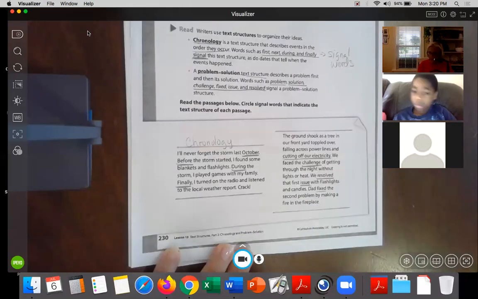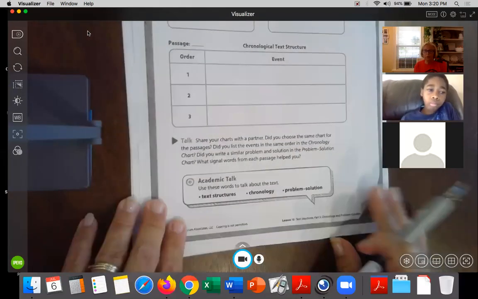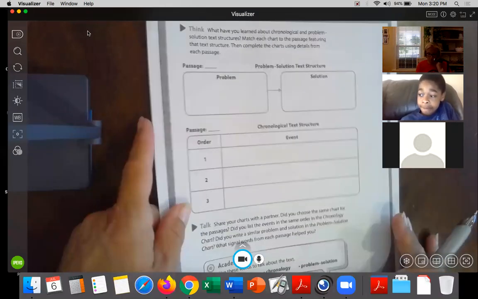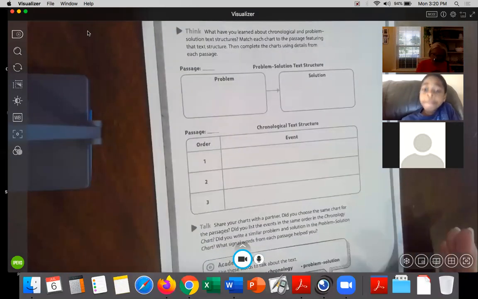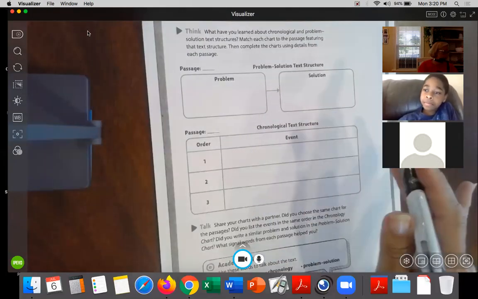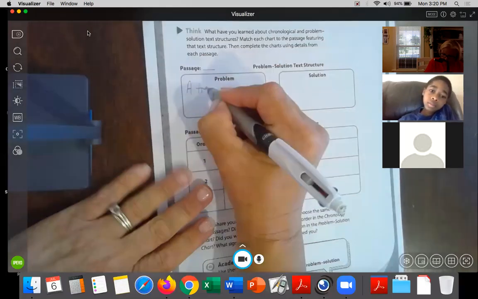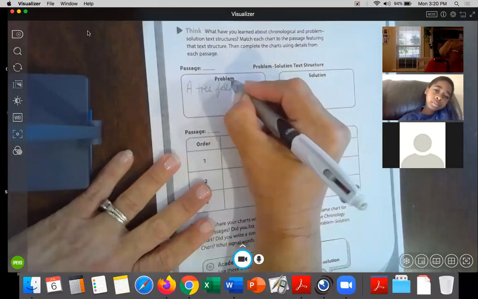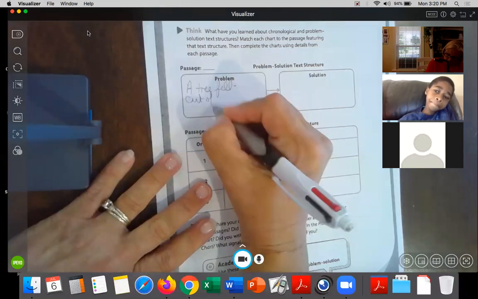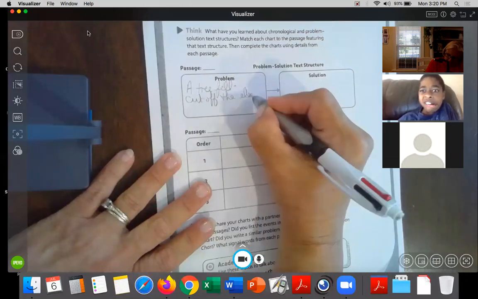So now we're going to turn over, and a lot of times graphic organizers will help you, and I know that you used those last year. We're going to look at that first passage we did in problem-solution, and the problem was a tree fell and it cut off the electricity. We ought to know a lot about that with all the storms we've had this past year in Corinth.